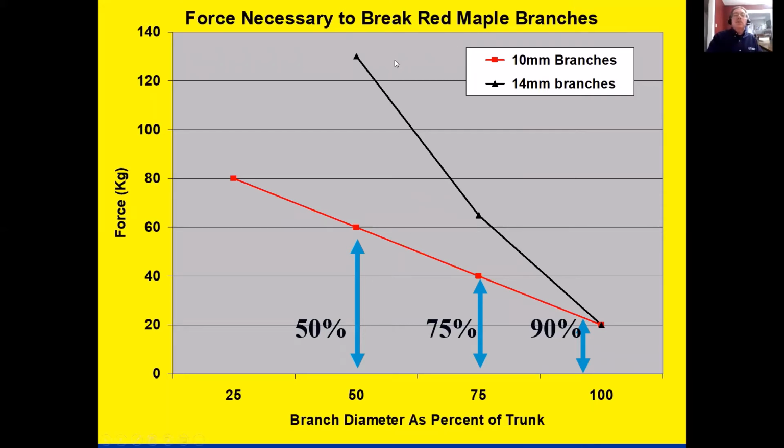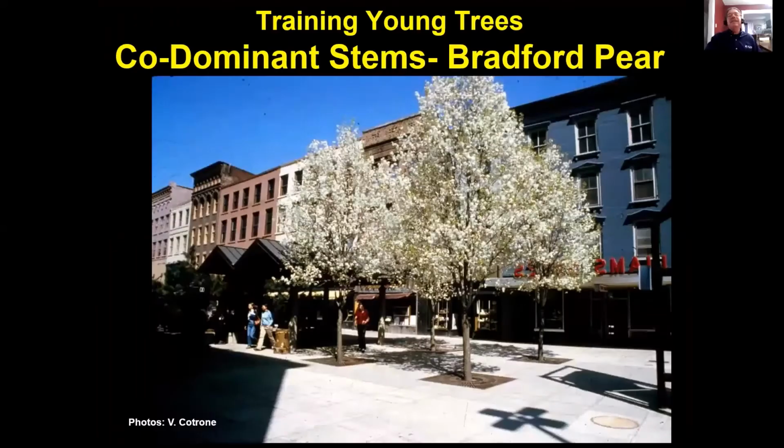Even the larger branch, the 14 millimeter, it takes more force to break that branch out because it's been there longer, it's got a stronger branch collar. When you get to the 1-to-1, the codominants, the 90%, it doesn't take as much force to break those branches. That's why we see storm damage. When we see storm damage, it's codominant stems.